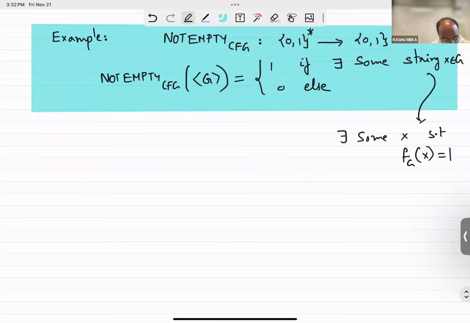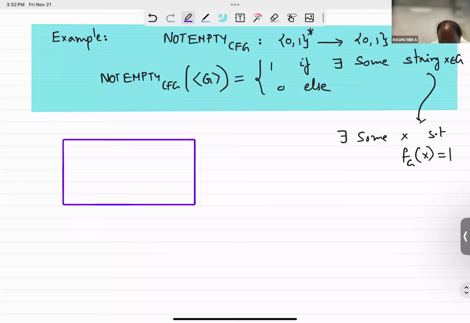For example, I can have some silly set of rules like this: S goes to AB, B goes to CD, A goes to 1, C goes to 0. But this never generates a string. The language of this grammar is completely empty.